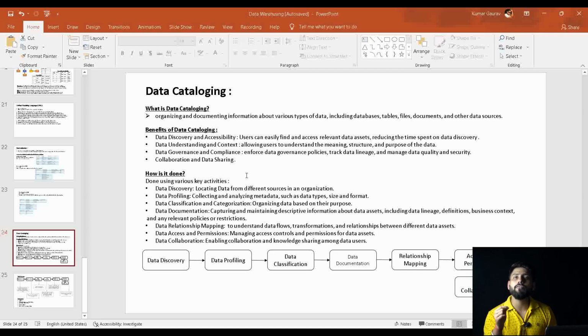What are the key benefits of data cataloging? There are majorly three key benefits. The first is data discovery. If you have data cataloging in your organization, then data discovery is very efficient, and you may say it's a very beautiful feature of data cataloging. After that we have data understanding and context.